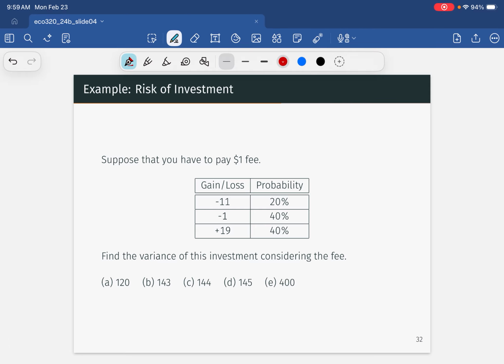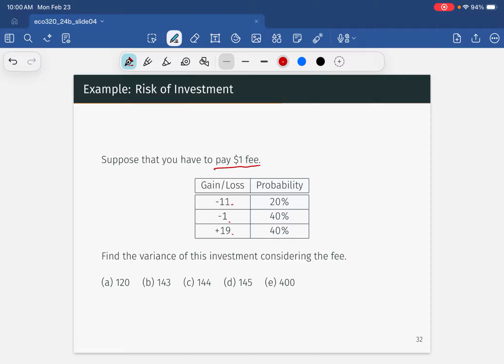Okay, so I'm going to stop the video here, but at the beginning of the next video, I will slightly change the numerical example. Suppose that you pay a $1 fee upfront to make this investment. So minus 10 becomes minus 11, 0 becomes minus 1, 20 becomes 19.